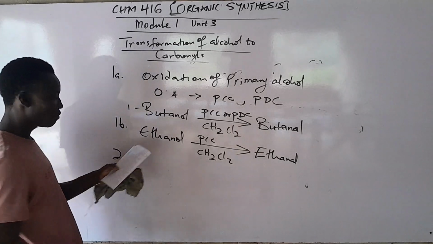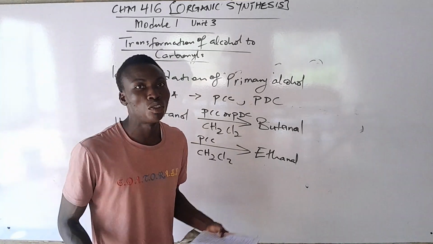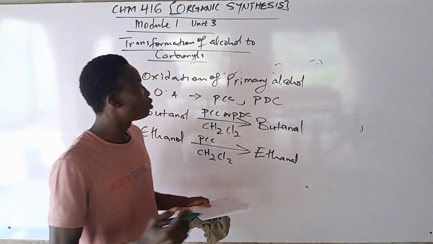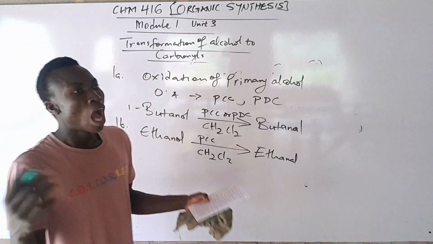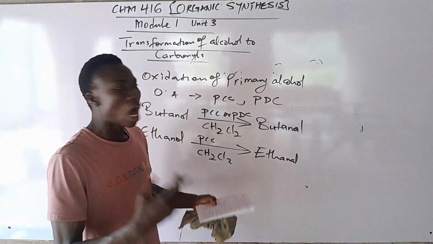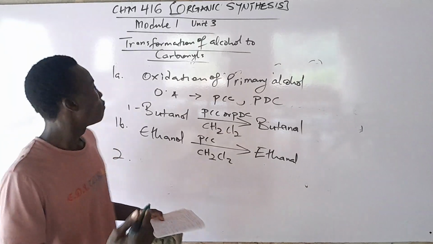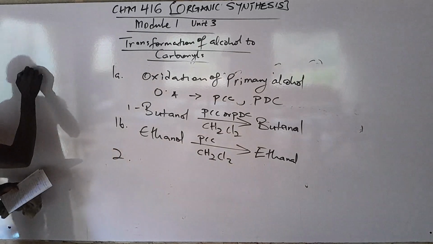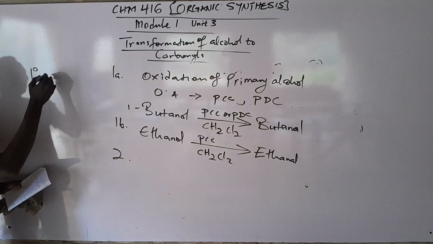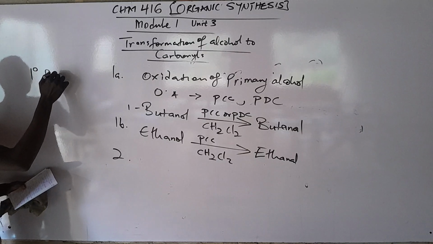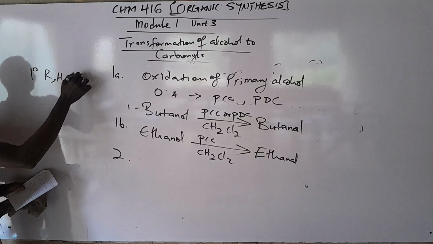Now I proceed to number 2, which is oxidation of secondary alcohol. I want you to know something carefully. How do you recognize primary alcohol? How do you recognize secondary alcohol? For primary alcohol, you have something like this. Primary alcohols usually have one alkyl group, two hydrogen atoms, then one OH.